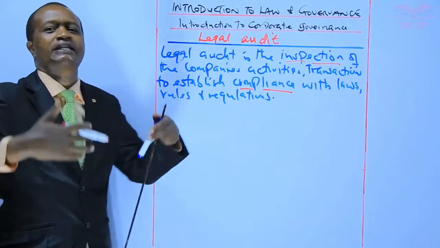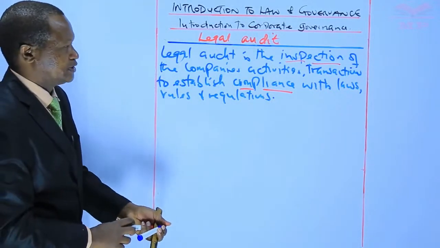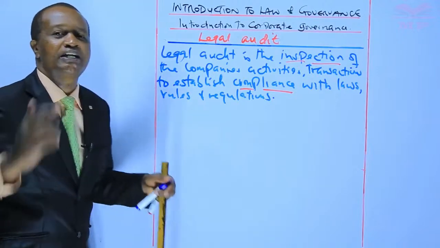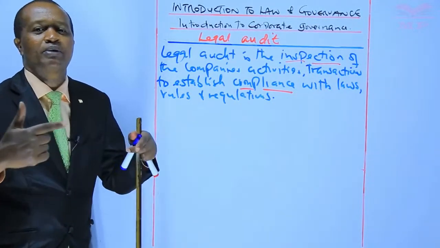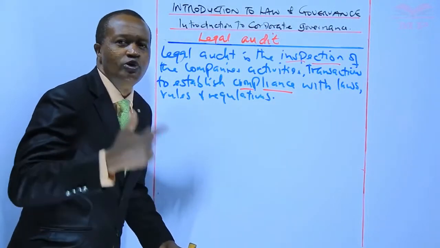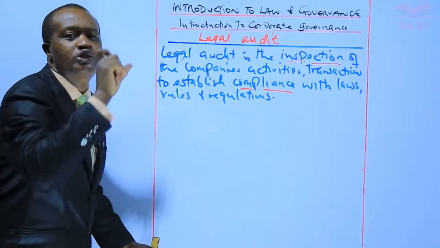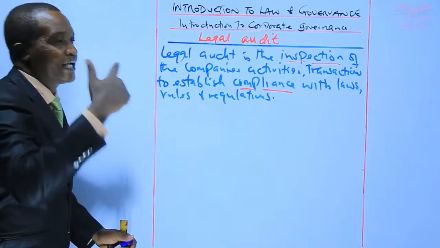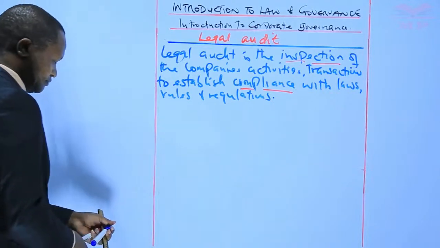It is the systematic review of the company's transactions, the company's contracts, and practices to establish its legal status and identify potential legal problems and help minimize its legal liability.